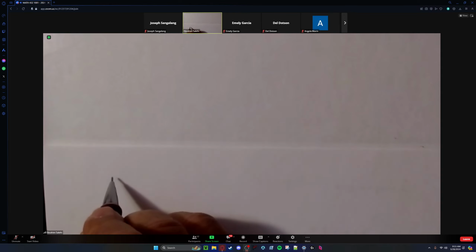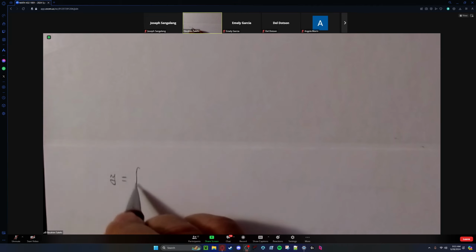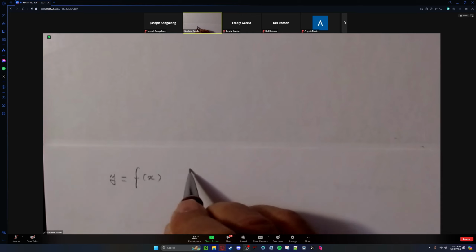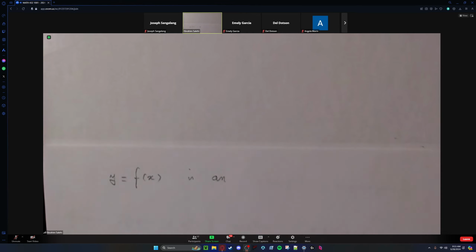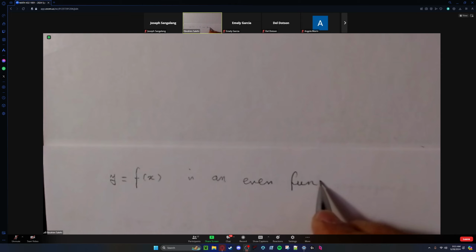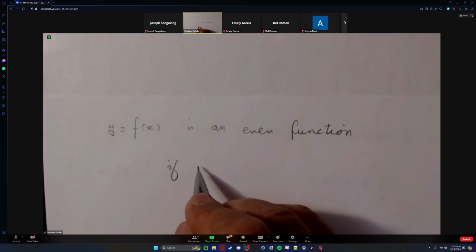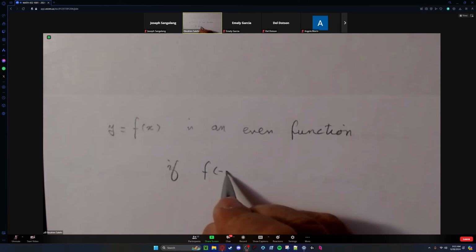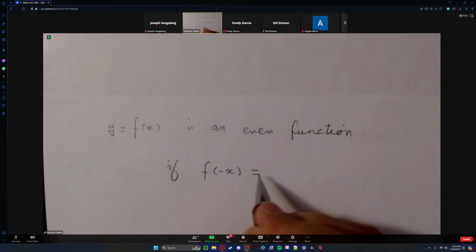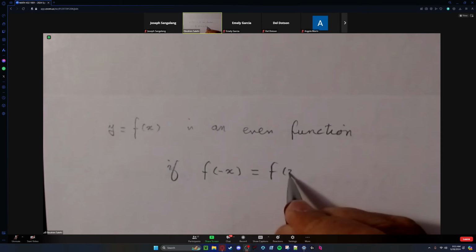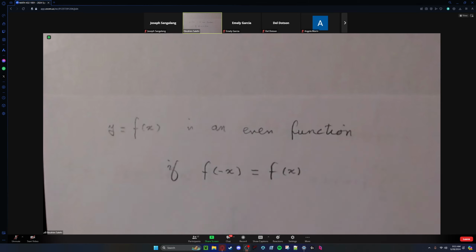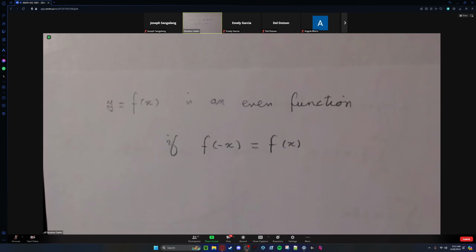So f is an even function if f of x and f of negative x are the same, right?